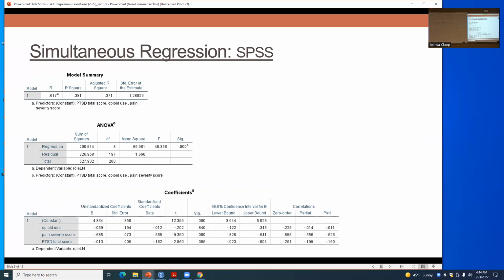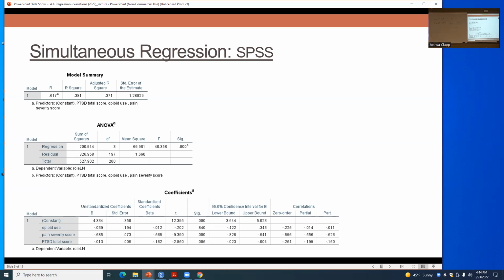Looking at your standardized coefficients, which one is the strongest predictor in this set? Yep, pain severity, right? So my unstandardized coefficient for pain severity is 0.685, standardized is 0.565, right?